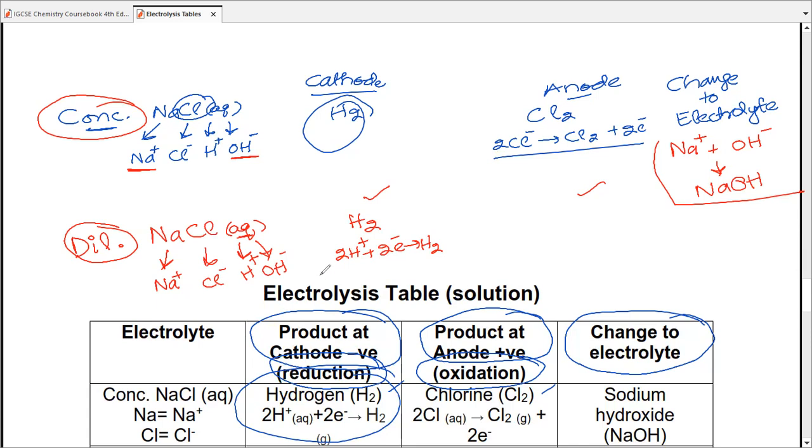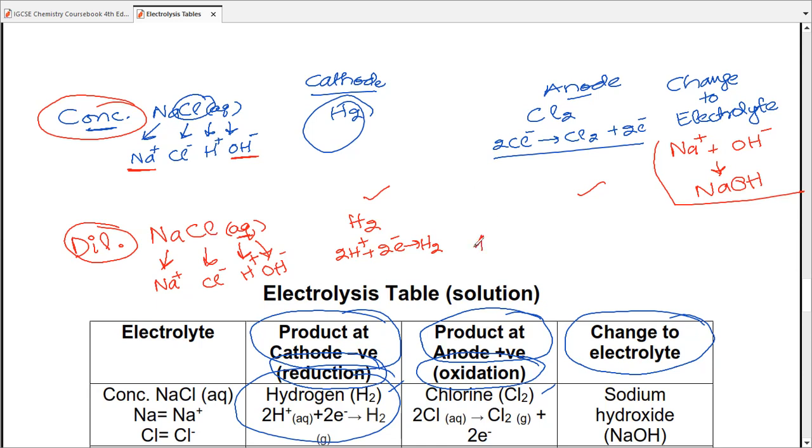Okay, what would be the product at the anode this time? And this time it would be hydroxide because it's a dilute solution. Yeah, the hydroxide ions will go to the anode. What would be the product they are going to form?